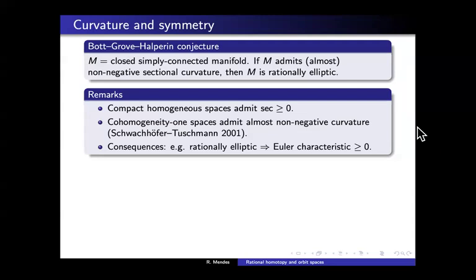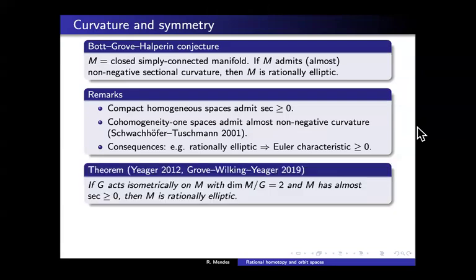But there are a lot of other consequences, things that would follow from the Bott-Grove-Halperin conjecture. Here we're going to concentrate on a result of Joe Yeager. I believe that's his thesis work from 2012, and then a follow-up paper with some strengthening of it by Grove, Wilking, and Yeager from 2019.